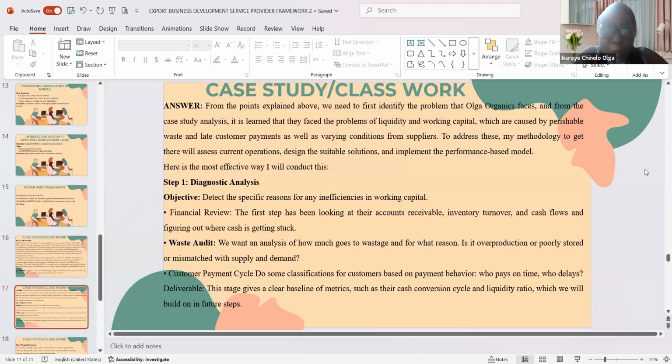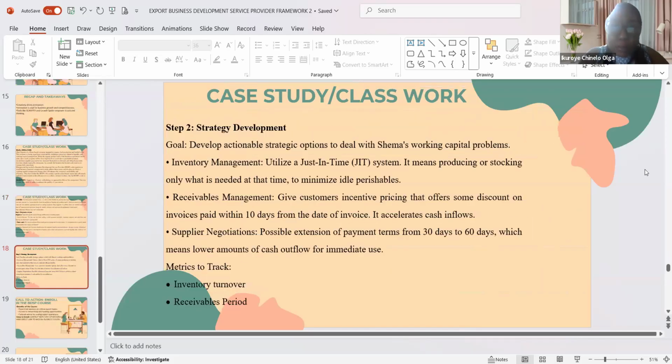Then the customer payment cycle. We need to classify customers based on payment behavior. Who is paying on time? Who is delaying? And the deliverable is that this stage gives you a clear baseline of metrics such as their cash conversion cycle and liquidity ratio, which we will build on in future steps.